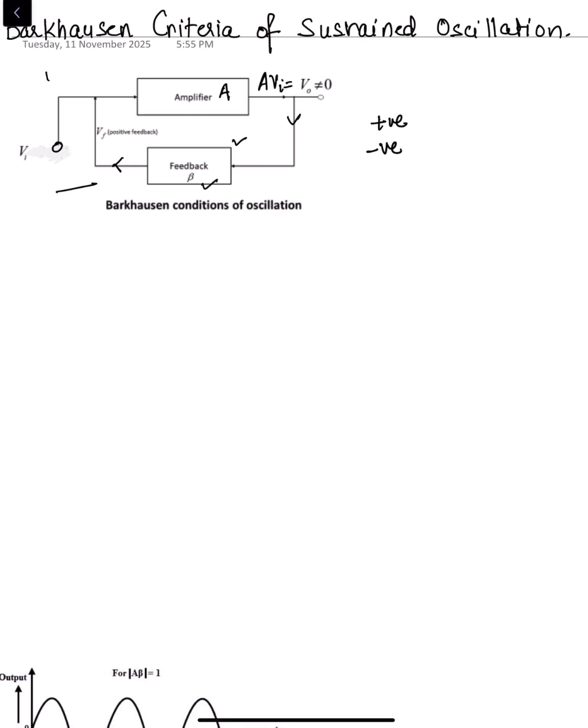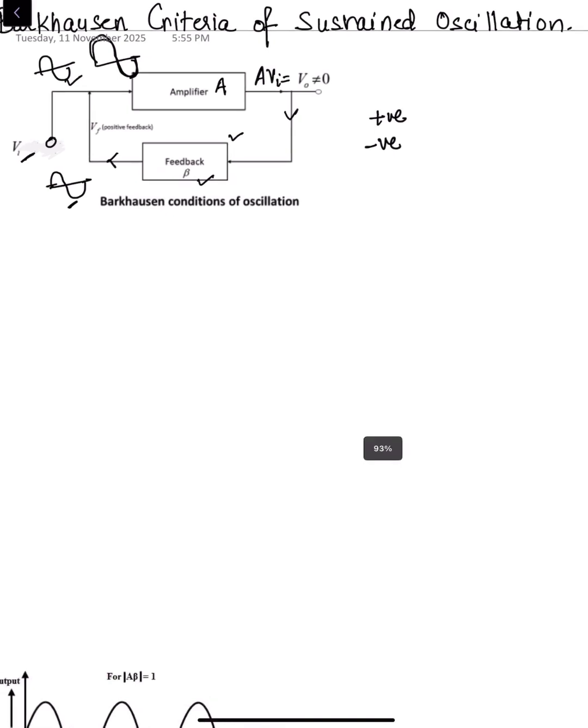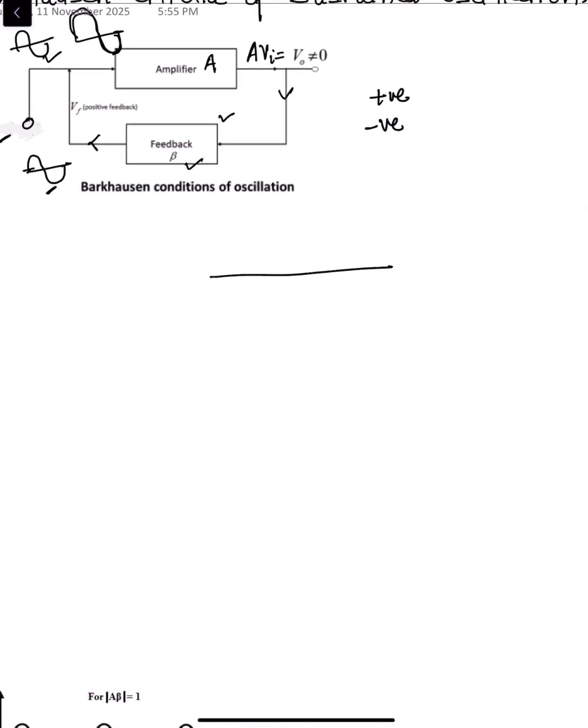That means if the input is like this, the output is also with the same phase, and this will increase the input, because the input from the source and the input from the feedback circuit will be superimposed to give us a larger input, and we will receive a signal at the output where the oscillations will have increasing amplitude.